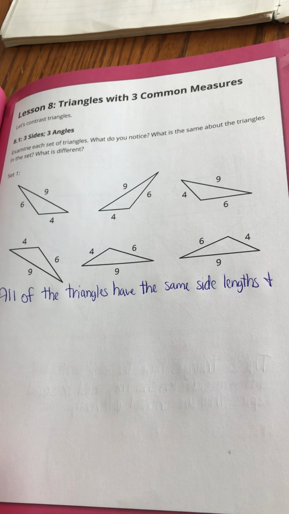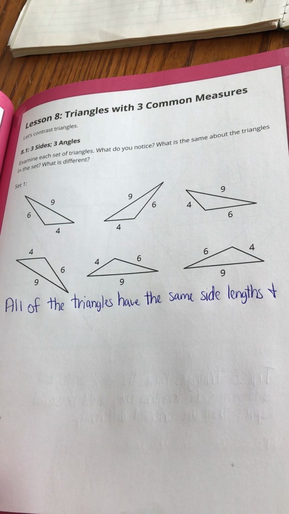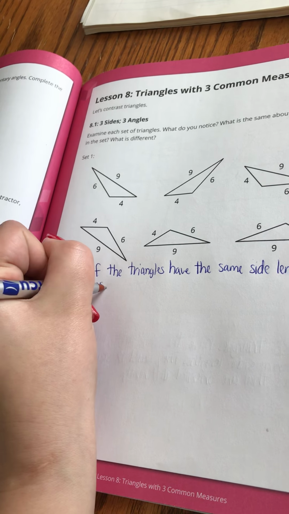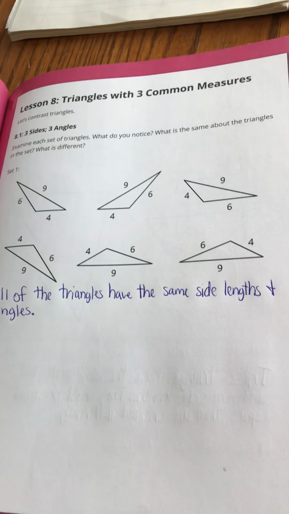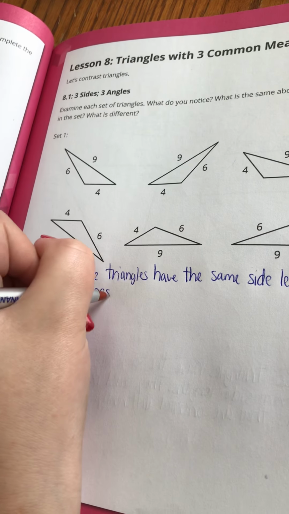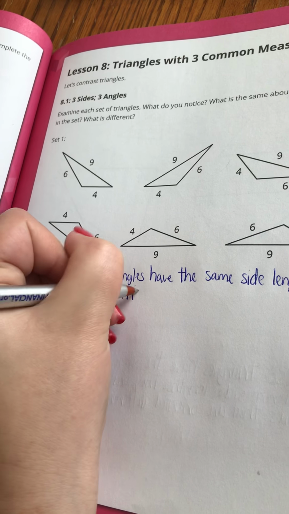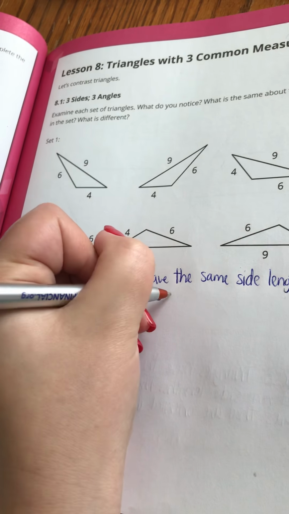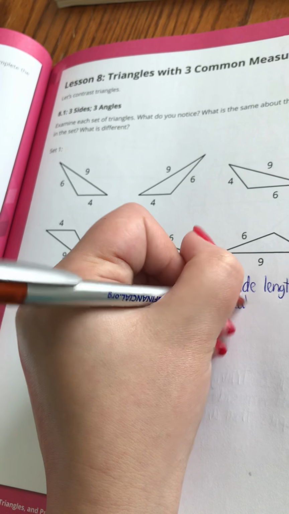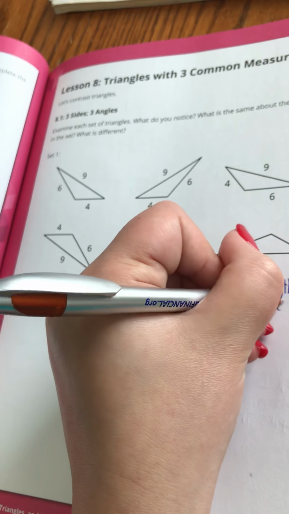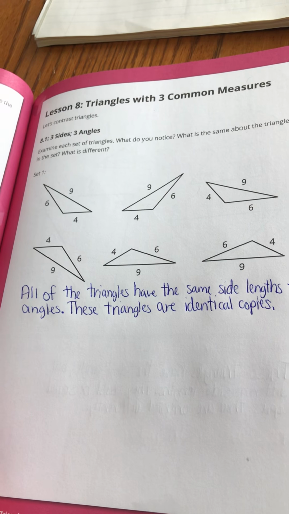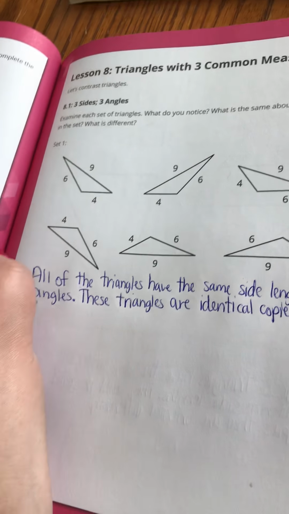All of the triangles have the same side lengths and angles. These triangles are identical copies, and the triangles face different directions.